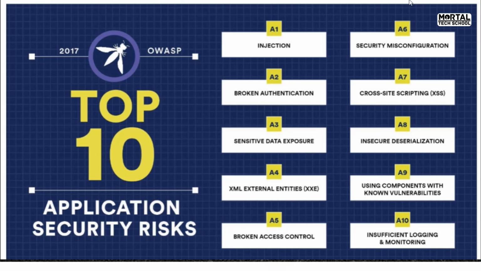For example, if you are developing an app and you want to insert a payment gateway to your app, you will not write an entire code to develop a payment gateway by yourself. You will just get a plugin for a third-party payment gateway and then include it in your code. But what if that third-party payment gateway has already an exploit or a vulnerability? That is known as using components with known vulnerabilities.